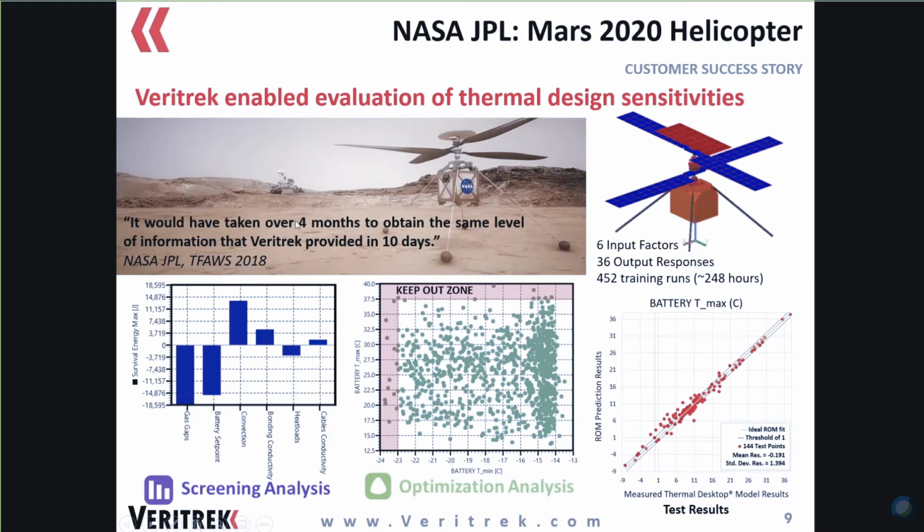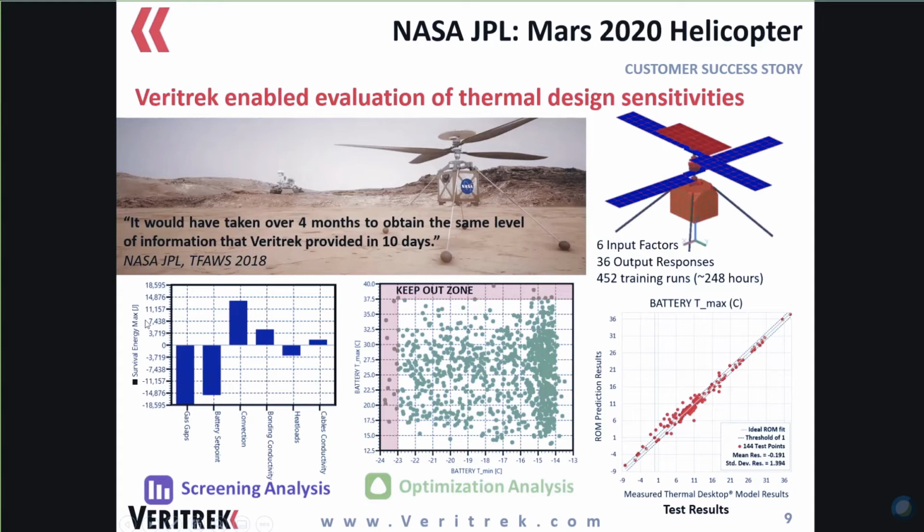For this work back in 2018, they used Veritrek to do 2 things, to evaluate the thermal sensitivity involved with the survival energy of the Mars helicopter thermal design. They really wanted to understand how the survival energy value could change as some of their input factor values could fluctuate during mission operations.